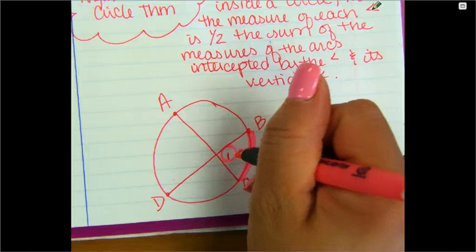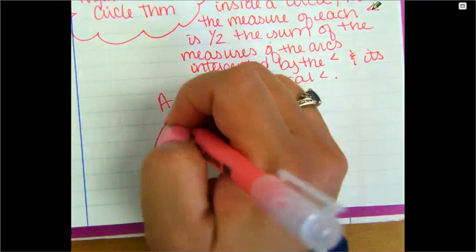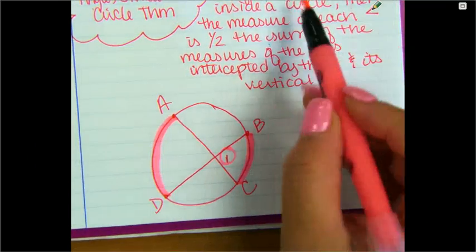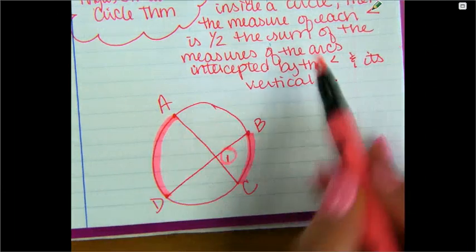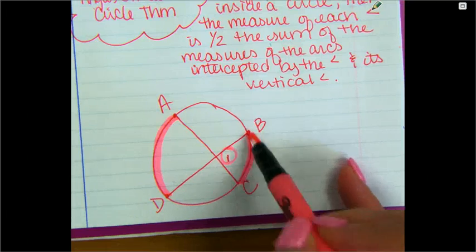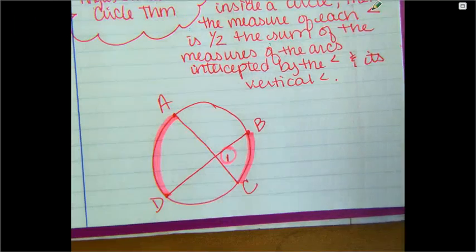So across is what arc? AD. AB is next to it. AD is across from it. So this is what it says. If two chords intersect inside a circle, done. Then the measure of each angle, here's the angle, is half the sum of this arc and its vertical arc. Okay? So I'm going to write it.